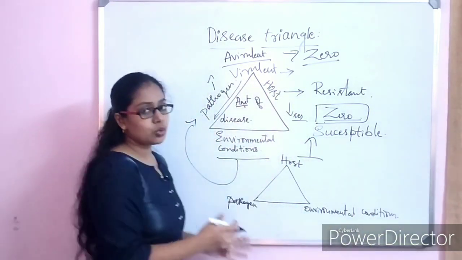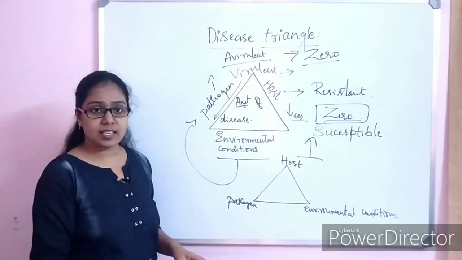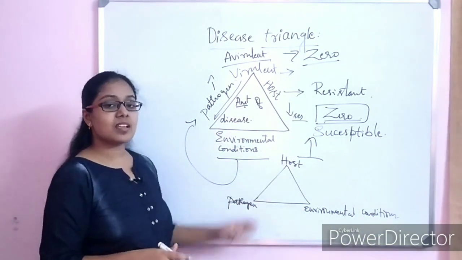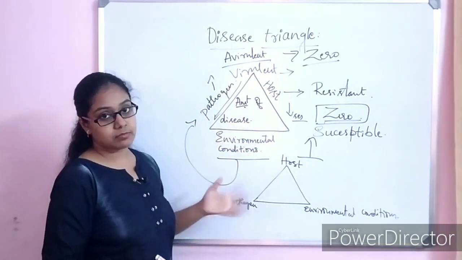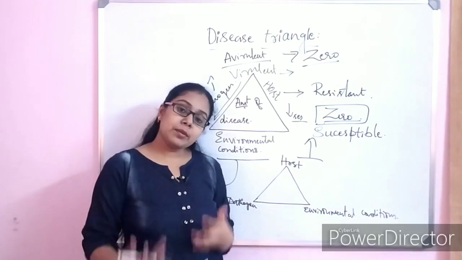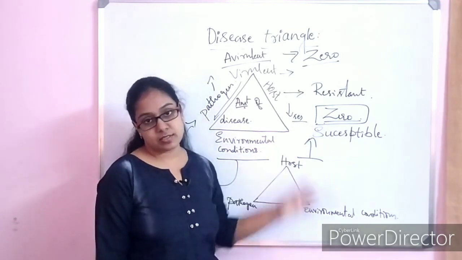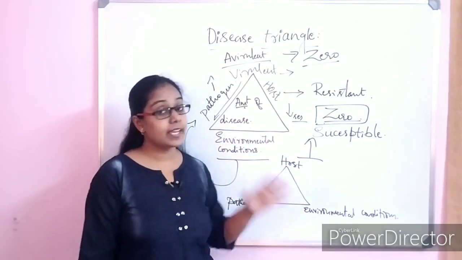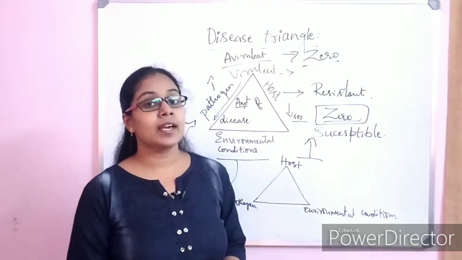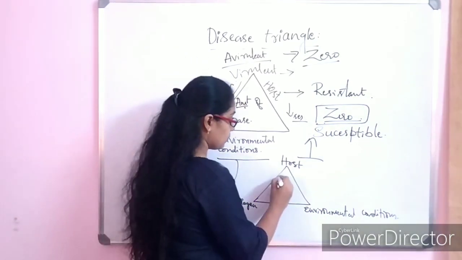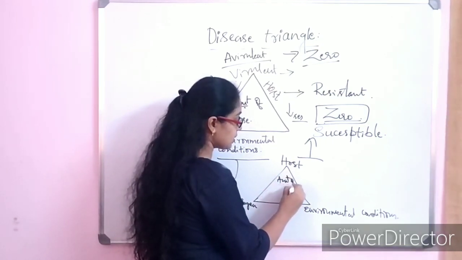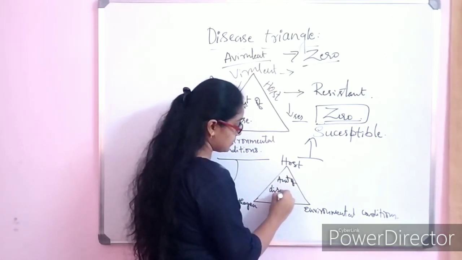In either of the two cases, the explanation is the same, but here we are representing at the peaks, and here at the sides. That's all. Whatever may be the way of representing this disease triangle, the area of the disease triangle is the amount of the disease. So this area shows the amount of disease.